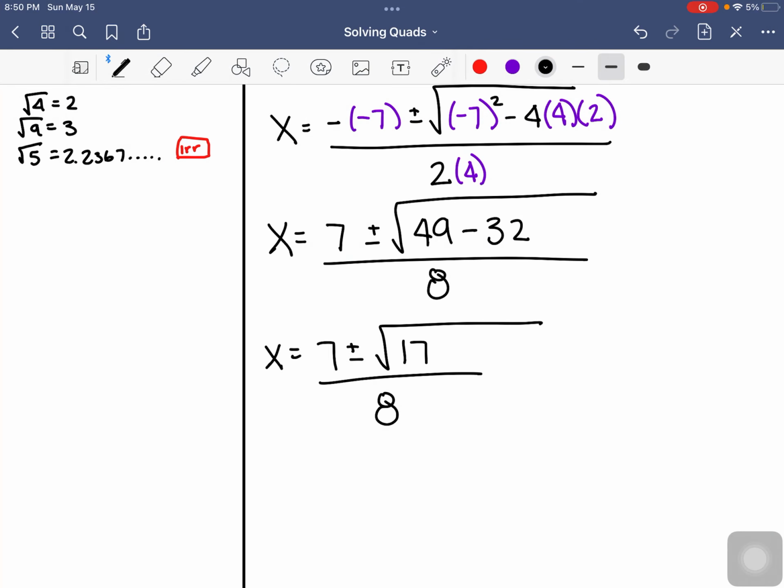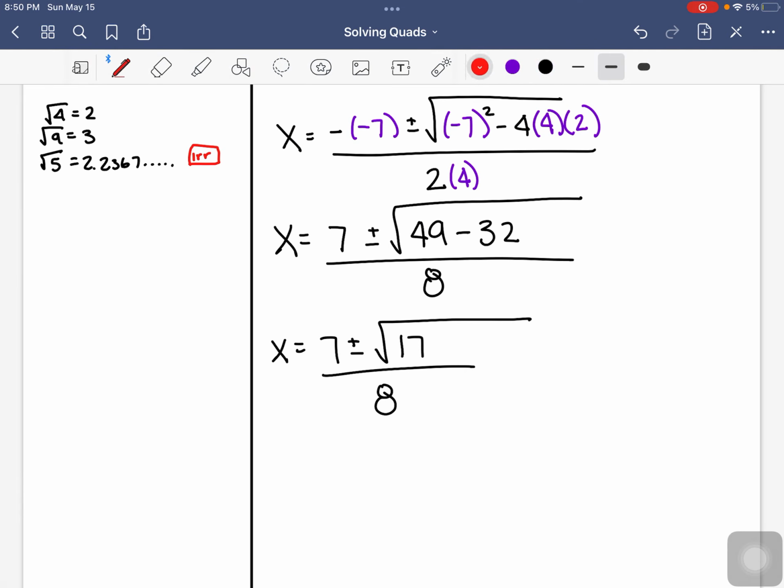So I'm going to try to see if I can find any factors of 17. So step 1. Find factors of the number inside the radical.